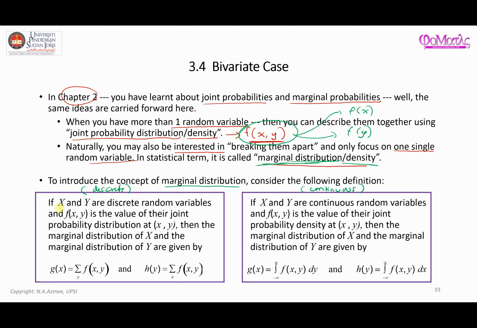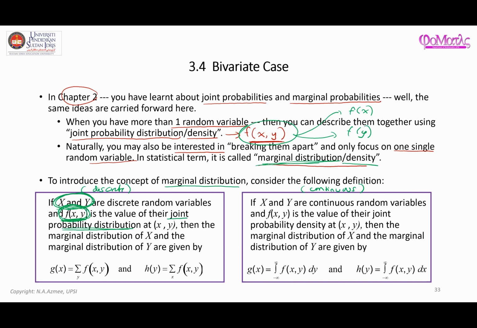Now if we have x and y, which are both discrete random variables, they can be described together using this mathematical notation. Basically it means the joint probability distribution. So we can describe x and y using this function, which depends on x and y together, and it is known as the joint probability distribution.